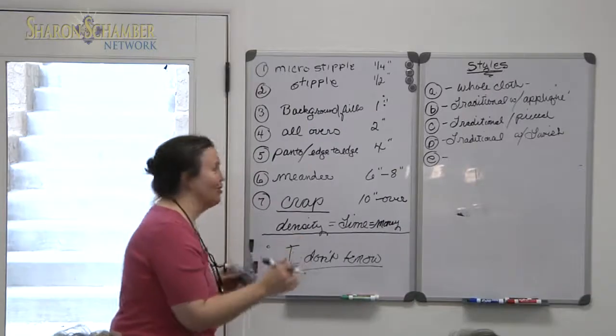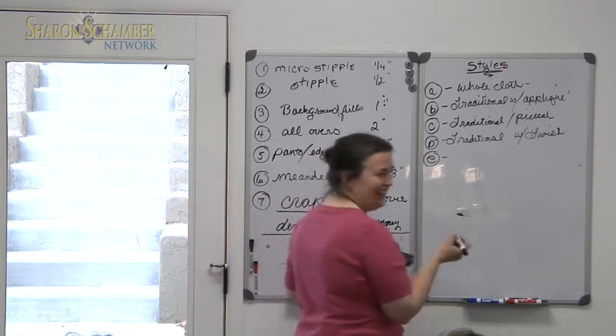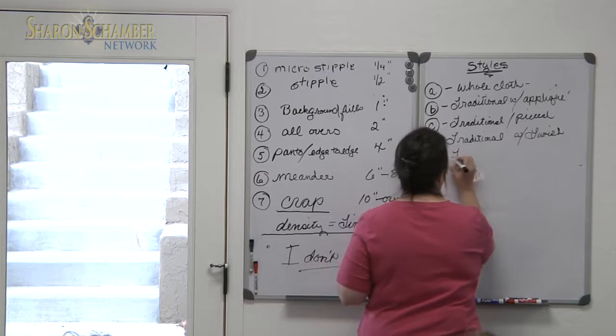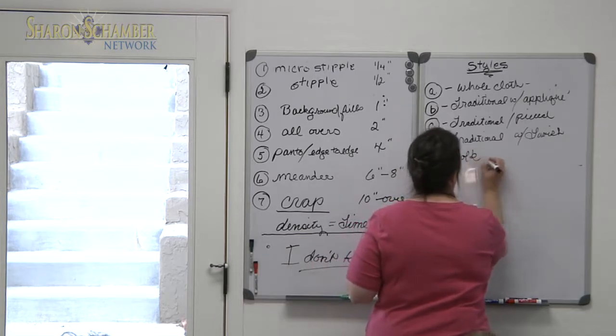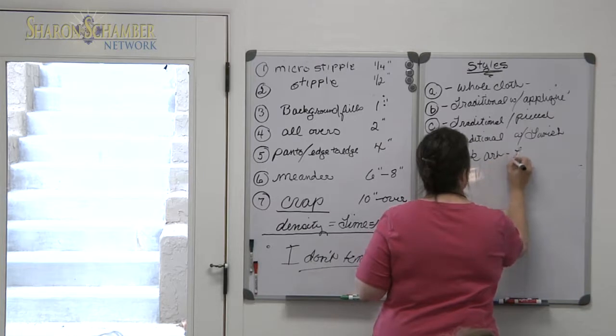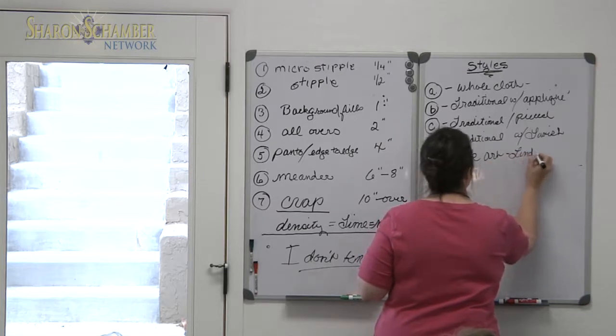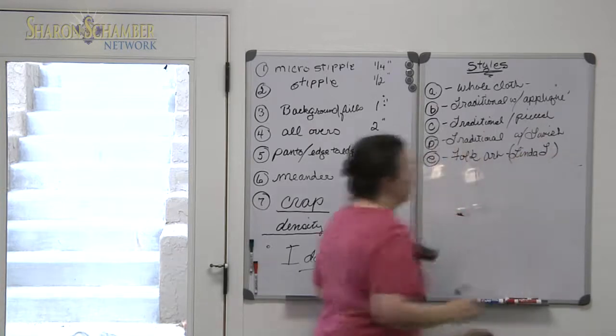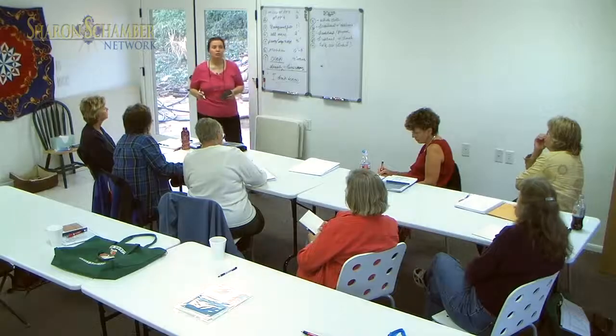Now I'm going to give you the answer. Are you ready? Okay, folk art. I consider Linda Taylor's this. You can consider it something else, but Linda Taylor is there. Folk art has more to do with the thread.